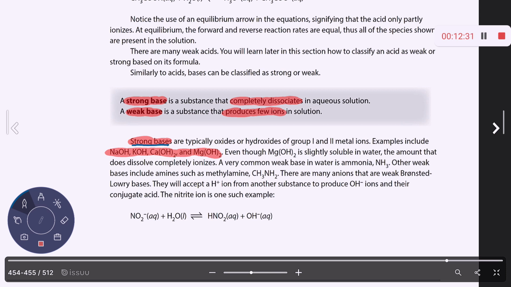You should absolutely memorize these 4 strong bases. You should also know that a very common weak base is ammonia. We talked about that briefly before. Ammonia is NH3. Make sure you know the name and the formula for ammonia. And then let's take a look at the next page.